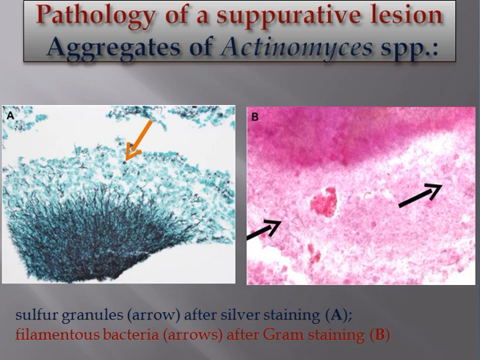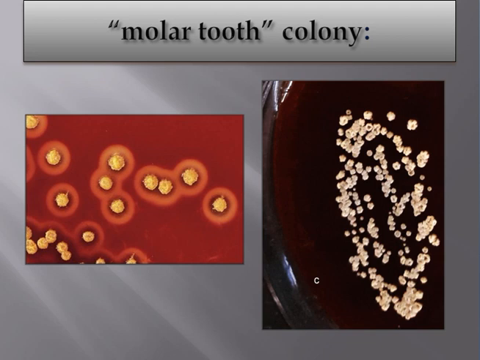And the next slide shows us the growth of actinomyces. It should be understandable that the growth of actinomyces is slow. It appears within at least 5 days and may take up to 15 or even 20 days. Thus, incubation of at least 10 days is required before concluding a negative culture.